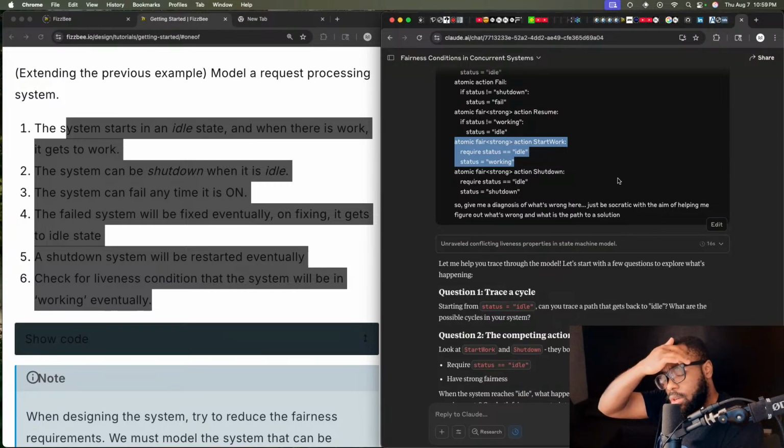Which, I mean, theoretically should be possible because, I mean, infinity is infinity, right?